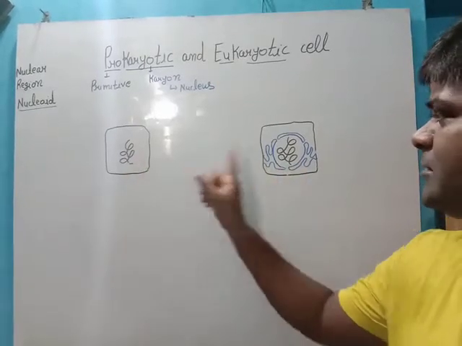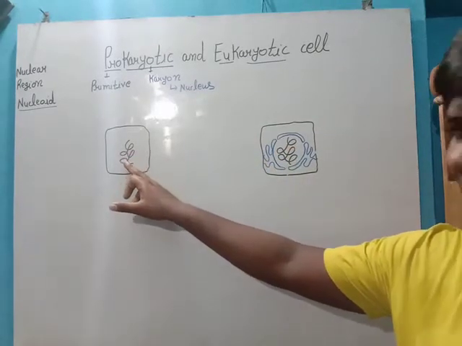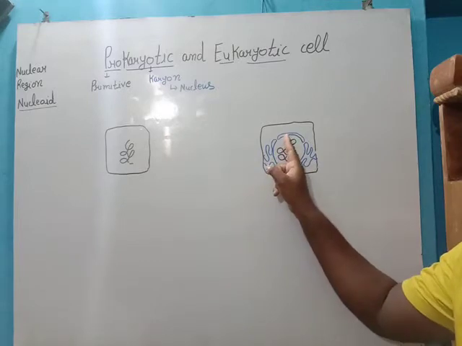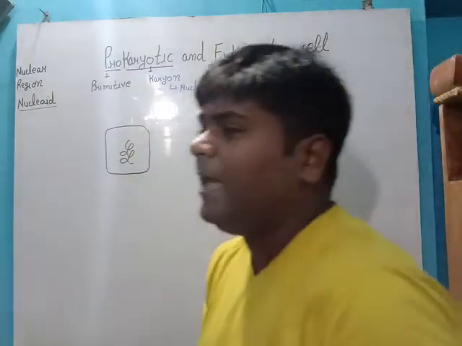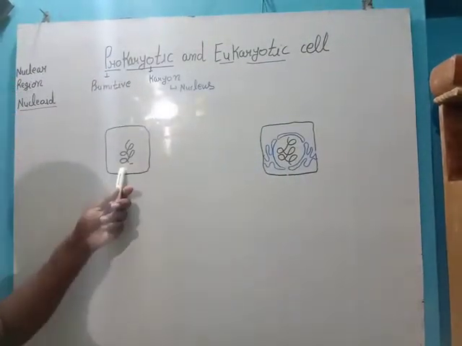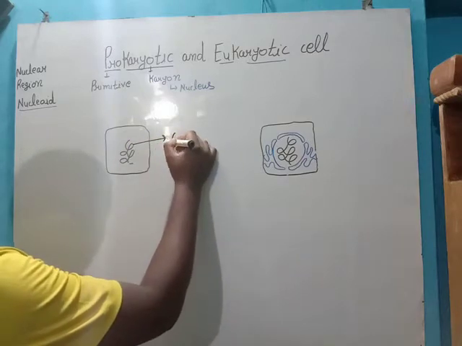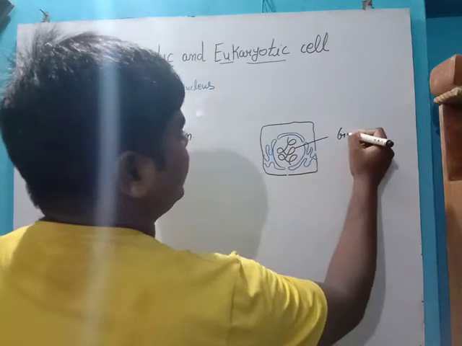When you see these two structures, you can see this is genetic material, this is genetic material. In this structure, we have a membranous structure around the genetic material. And here we will not have the membranous structure around the genetic material. Simply we can write genetic material.